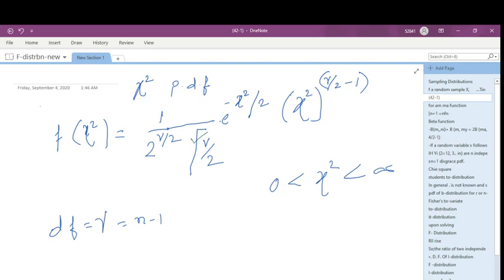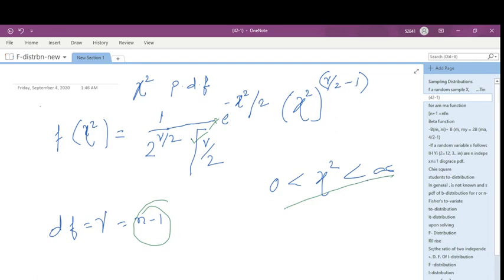It is multiplied by e to the power minus chi-square by 2. The chi-square is the chi-square variate, so we are taking a function on the chi-square variate itself, multiplied by chi-square to the power nu by 2 minus 1, where the degree of freedom is nu, or n minus 1, as we saw in the previous page. And the chi-square variate will vary from 0 to infinity.